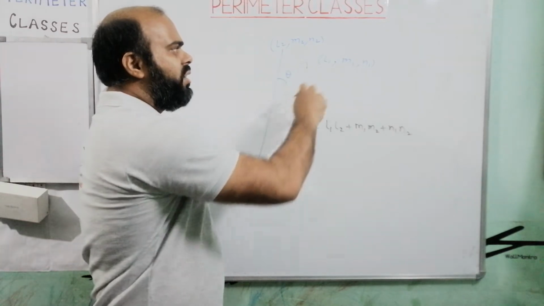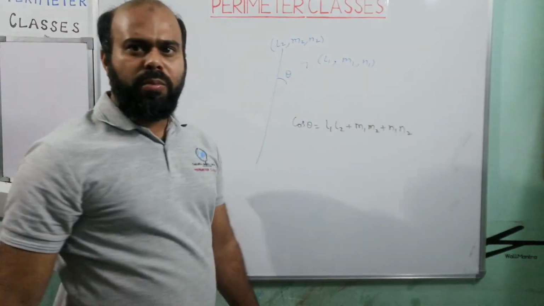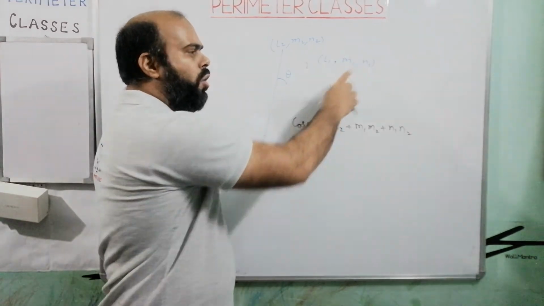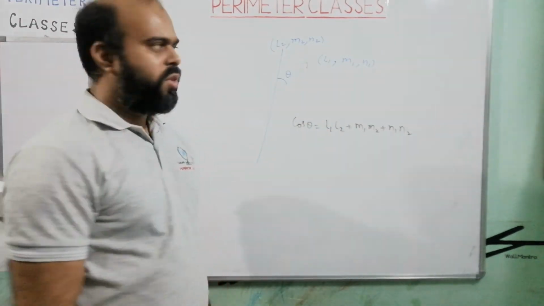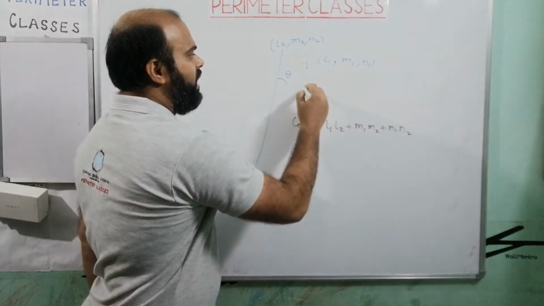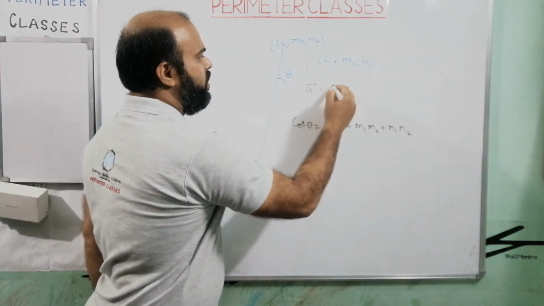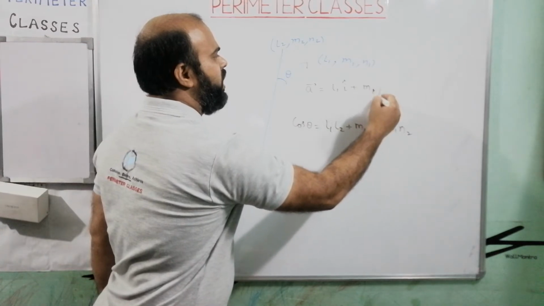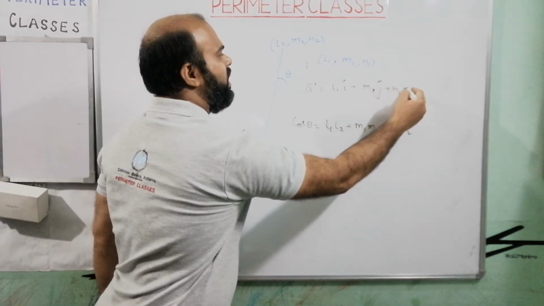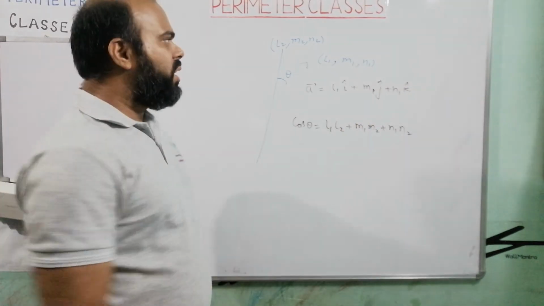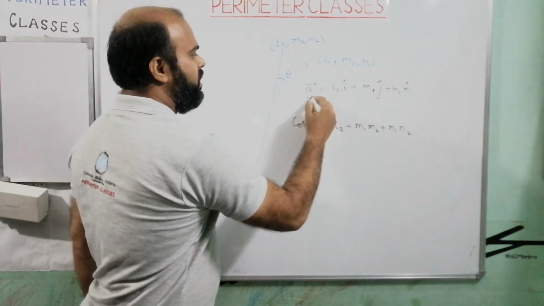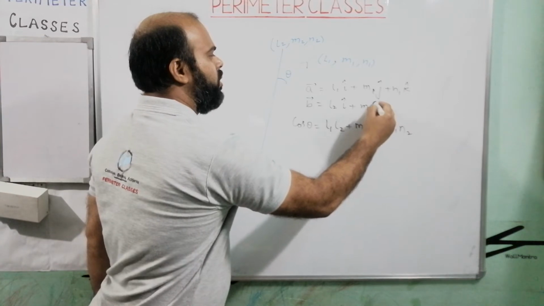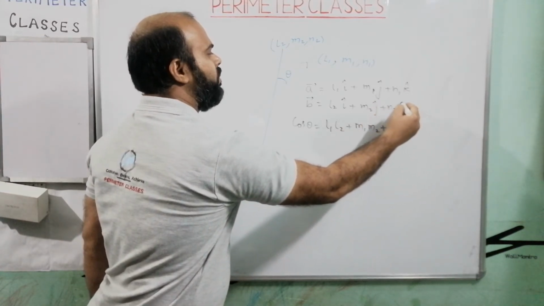So this is a vector with these three components along x, y and z, and all of these three components are unit vectors. So you can call line A as L1 i cap plus M1 j cap plus N1 k cap, and similarly another line B is L2 i cap plus M2 j cap plus N2 k cap.